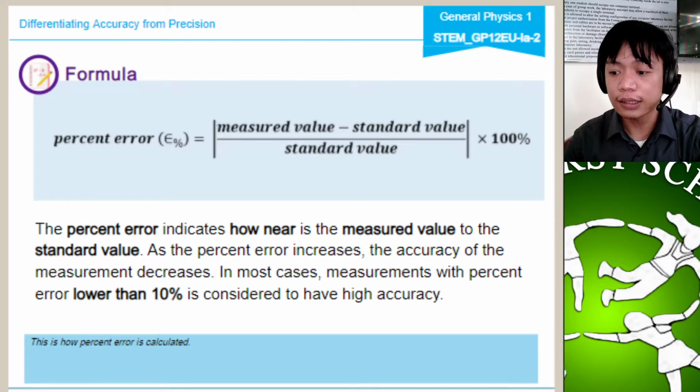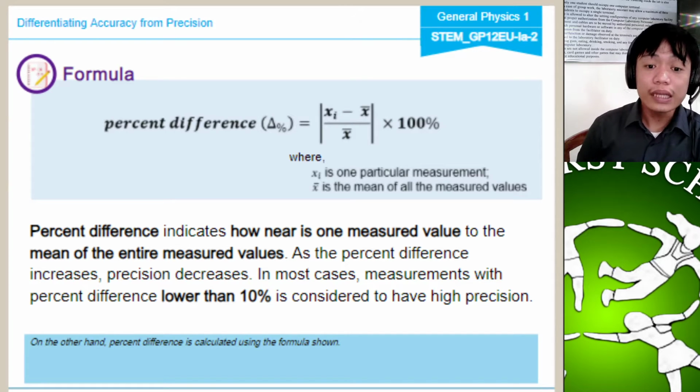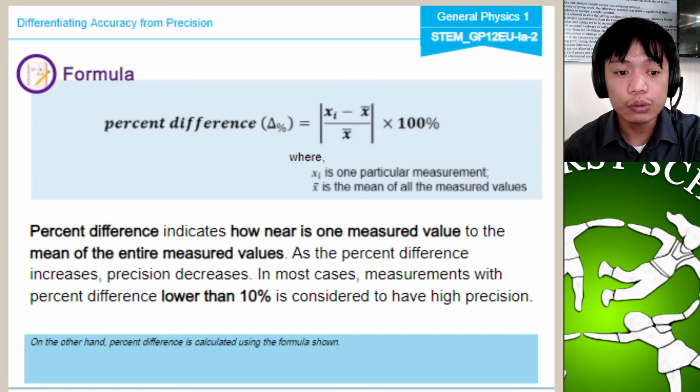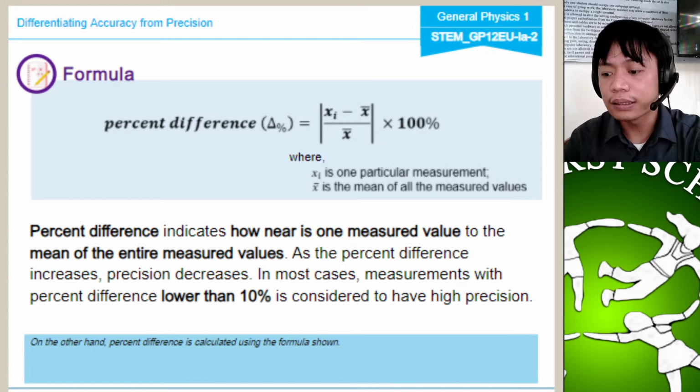Okay? So next, we have also the percent difference. Percent difference indicates how near is one measured value to the mean of the entire measured values. So how do we get the mean?